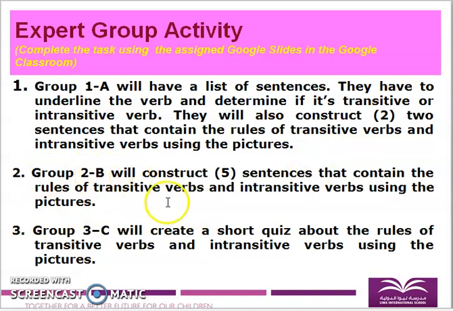Group 2 or B will construct 5 sentences that contain the rules of transitive verbs and intransitive verbs using the images. Group 3 or C will create a short quiz about the rules of transitive verbs and intransitive verbs using the pictures or the images.